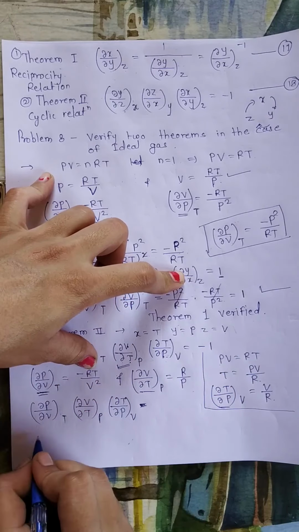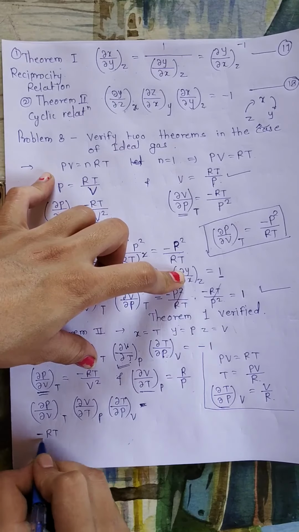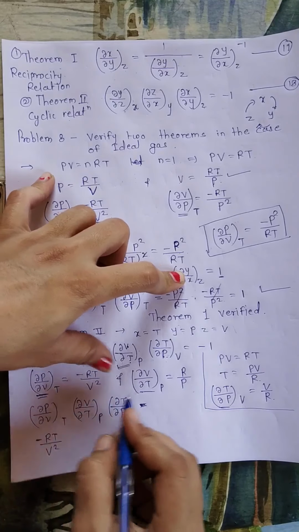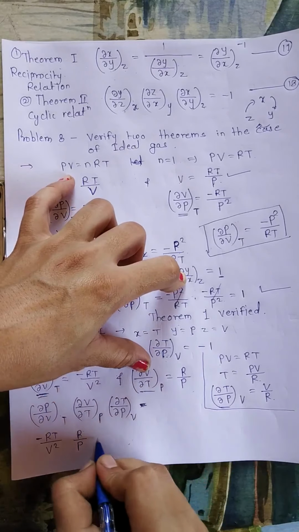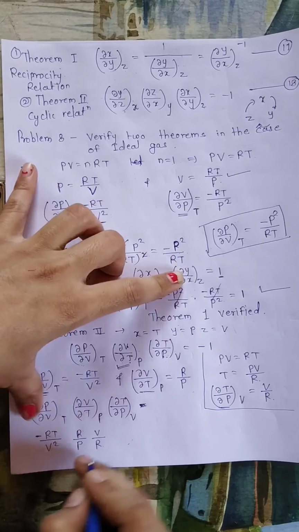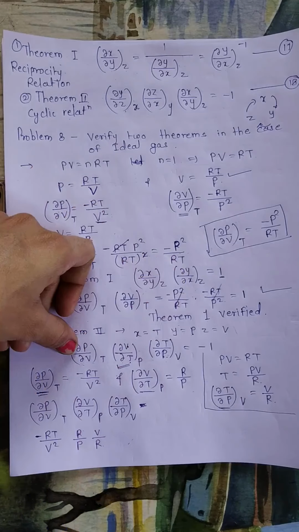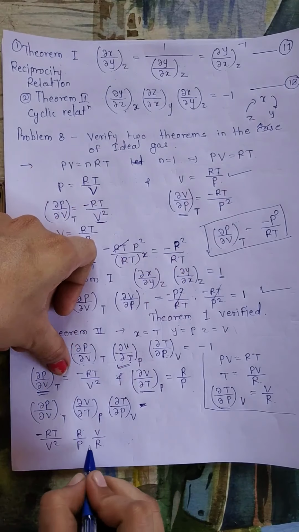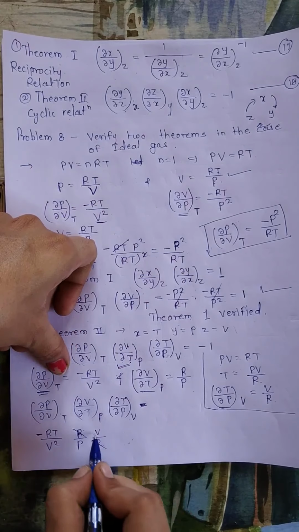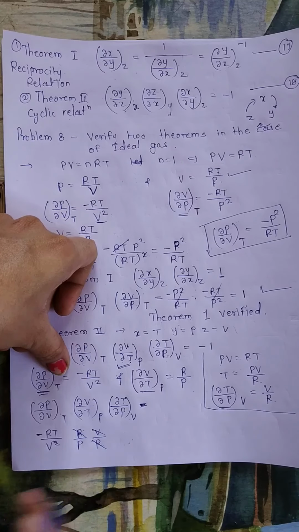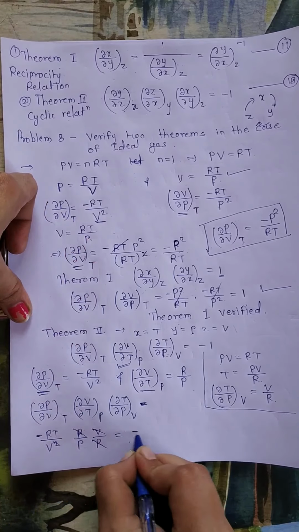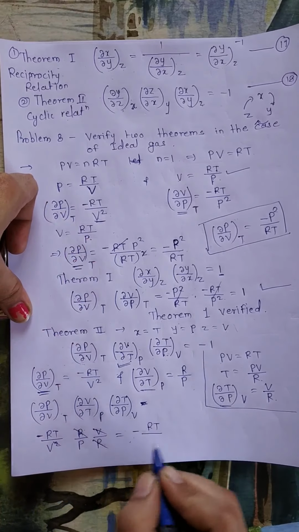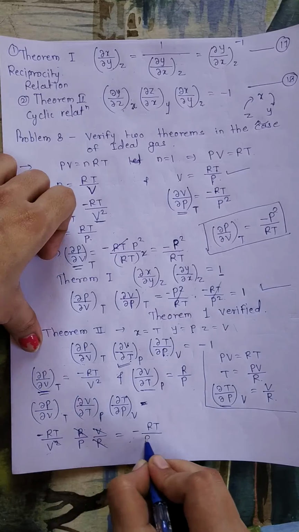First value is -RT/V², second value is R/P and third value is V/R. So if you observe here, R will get cancelled with R, V will get cancelled with this V², and the remaining term is -RT/PV.